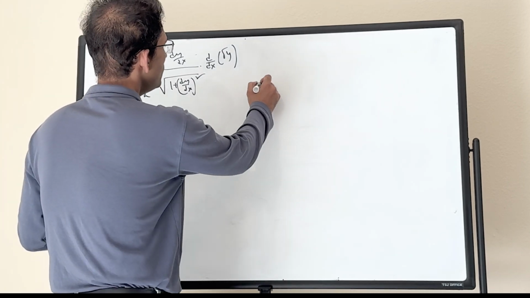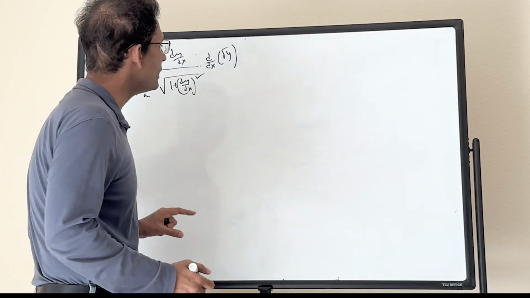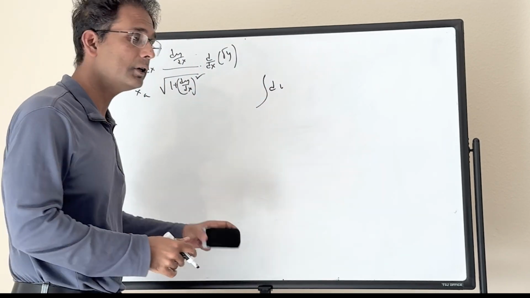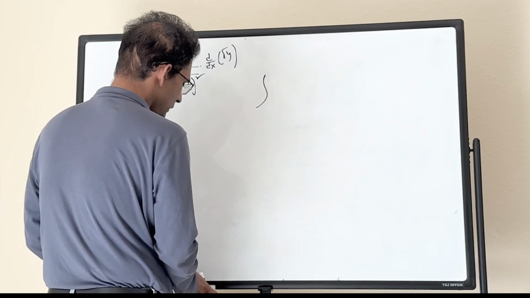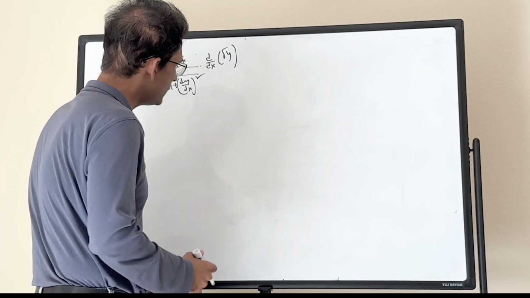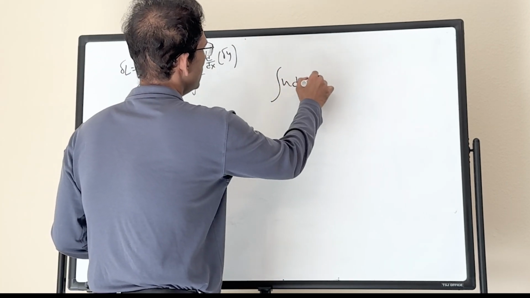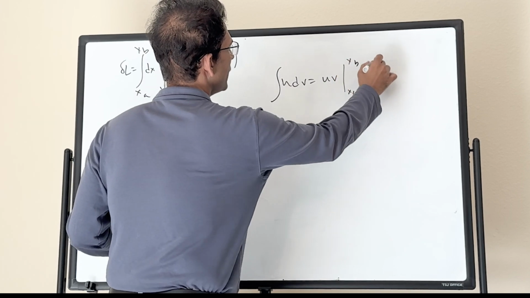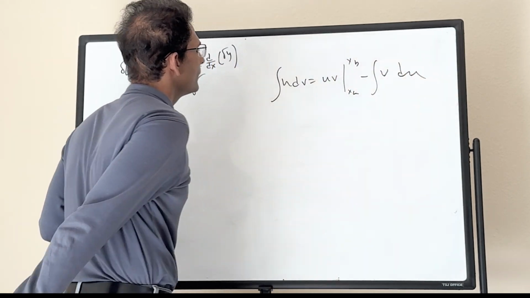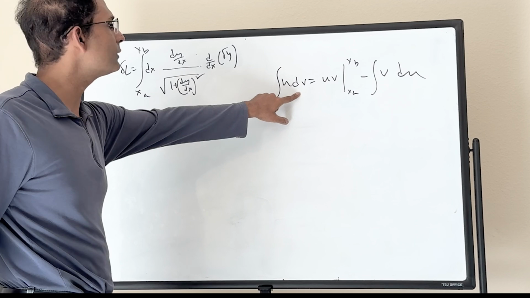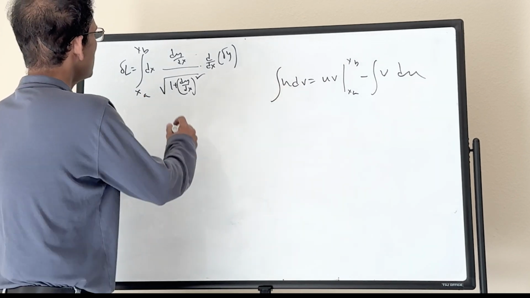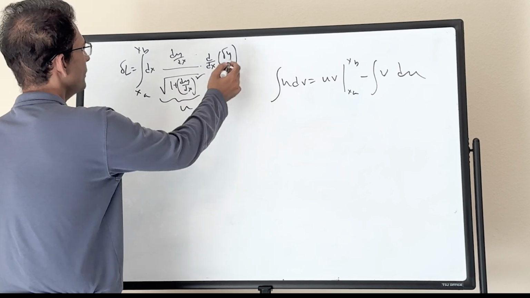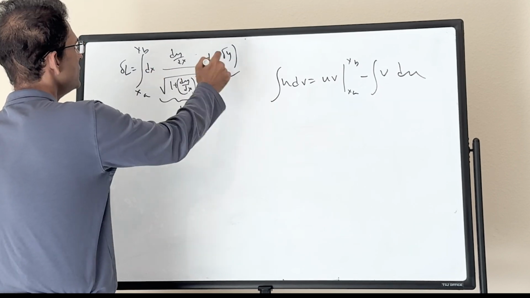So we will use integration by parts. I don't know exactly what your favorite version of integration by parts is, but I remember it this way: the integral of u dv is equal to uv, evaluated from xa to xb, minus the integral of v du. u and v are functions of x. In this case, I'll take this as u and this thing, with dx, as dv.